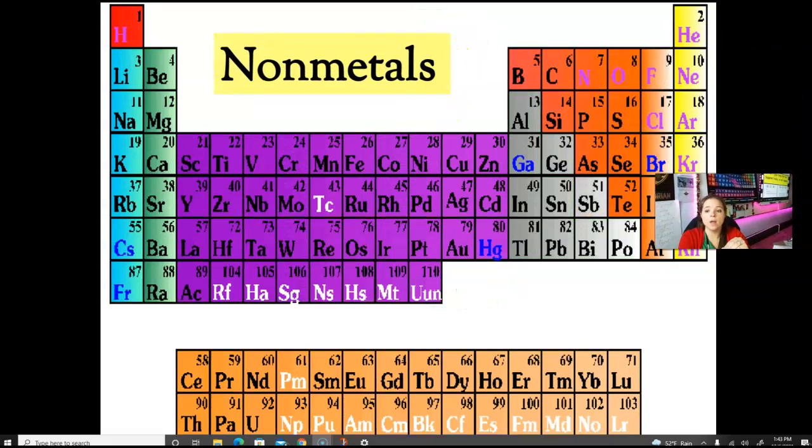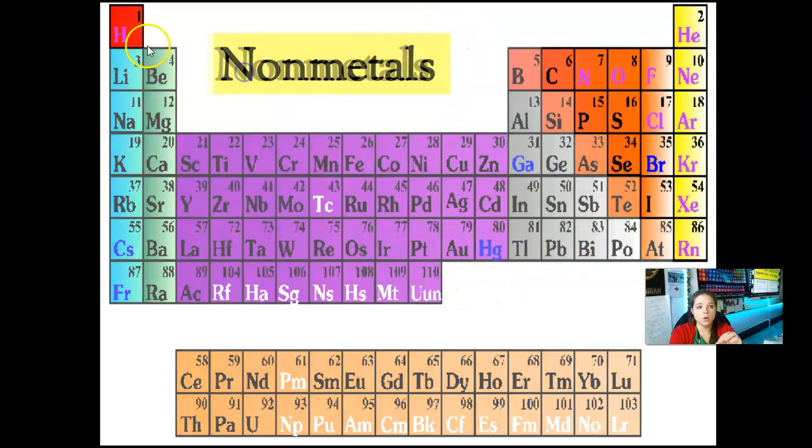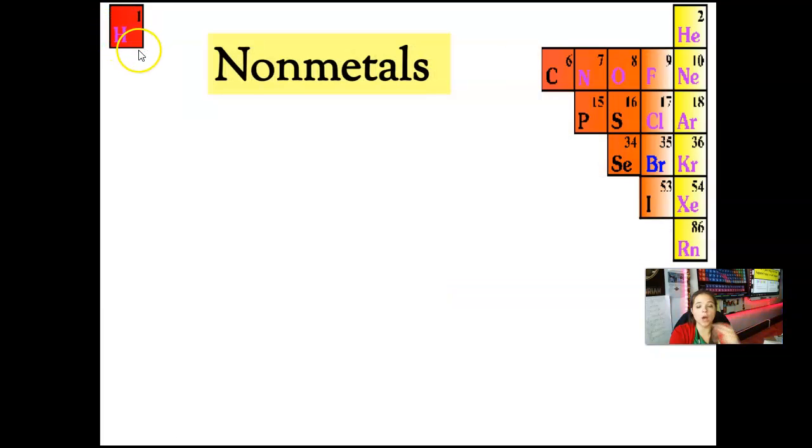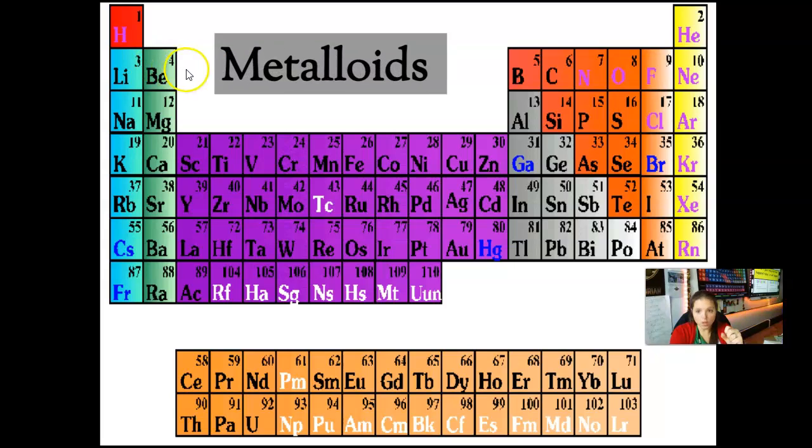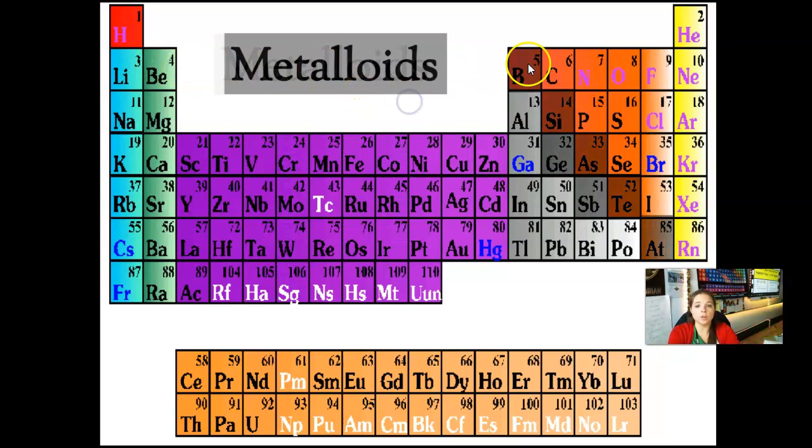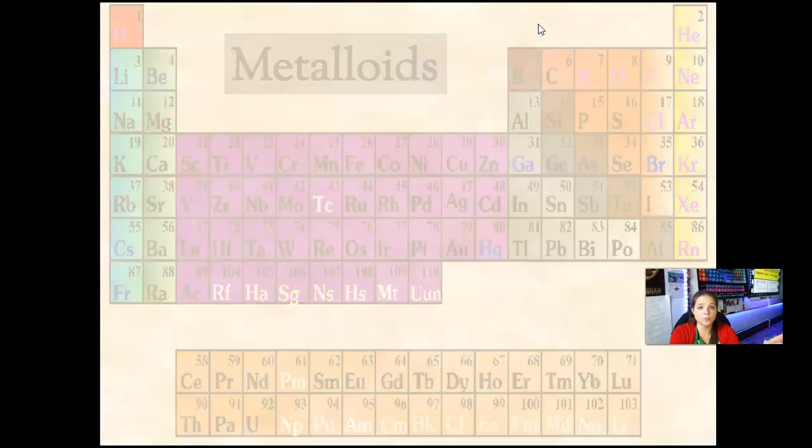Then you're going to have the nonmetals, which are right here, and outline these again, but in yellow. And now we have the metalloids, which are going to be this section right here. There's 7 of them. Do the boxes in black, and don't forget to make that key so you know what you're looking at later.